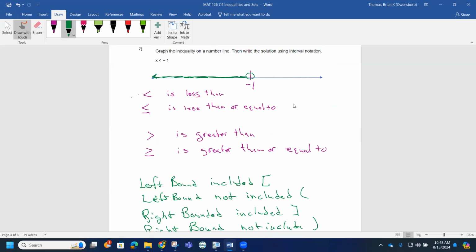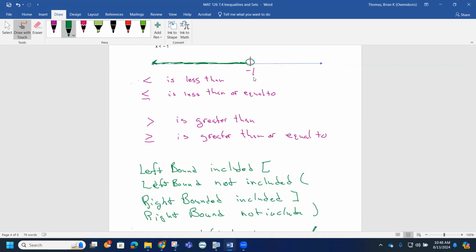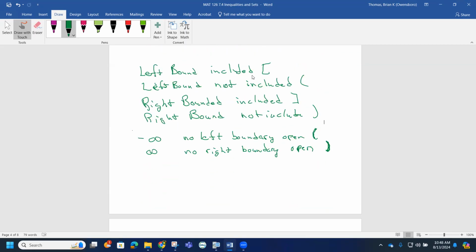So if we look at this problem, there's not a left boundary, so that's going to be negative infinity, but notice how there is a right boundary, that's -1. So when I use interval notation for this problem, I use a parenthesis to say there is no ending, and negative infinity also means there's no boundary as well.